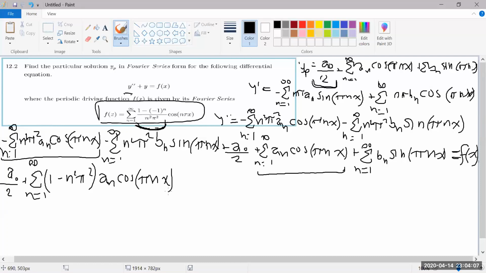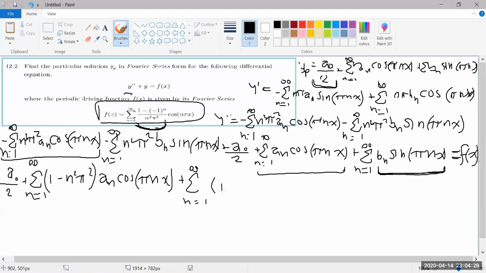We're going to do the same exact thing for our sine term. So we're going to have plus our summation from n equals 1 to infinity. It's almost the exact same thing because we have our positive sine term with no coefficient other than the b sub n.